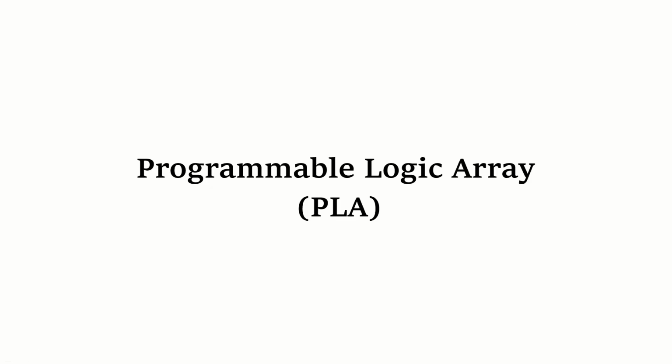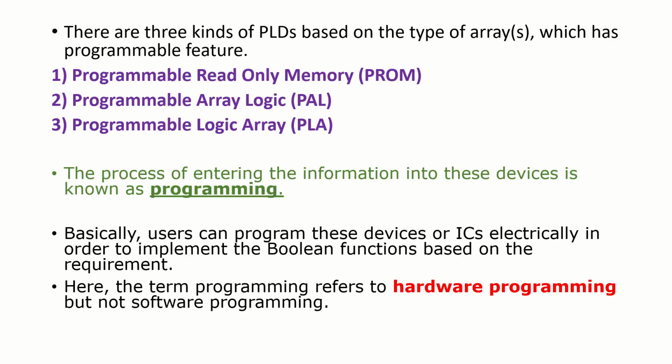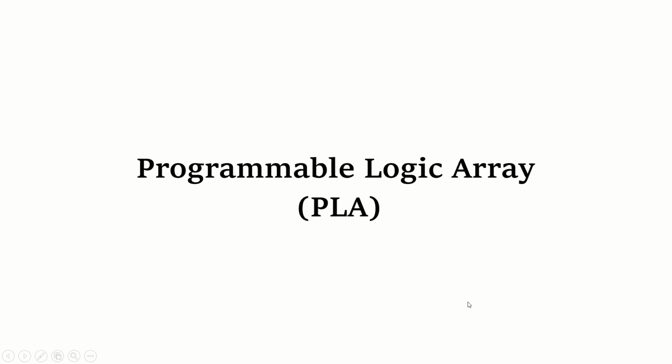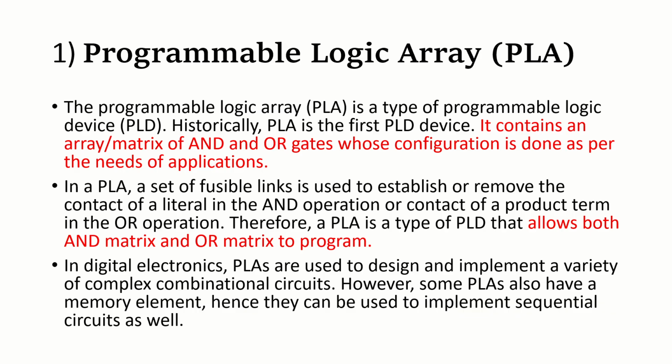Okay. So let's start with our first type, that is PLA, which stands for Programmable Logic Array. It contains an array matrix of AND and OR whose configuration is done as per the need of the application. In PLA, both the AND matrix and OR matrix can be programmed.